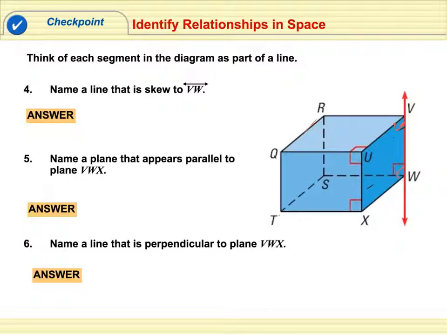And QR right here is perpendicular, and TS is also perpendicular to that plane. So I picked a plane that's in the back that's harder to see. You can also say that VW is on the plane of UVWX, and then there are 4 other additional lines that are perpendicular to that from that perspective.